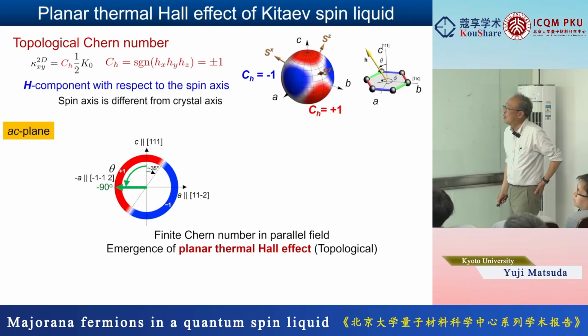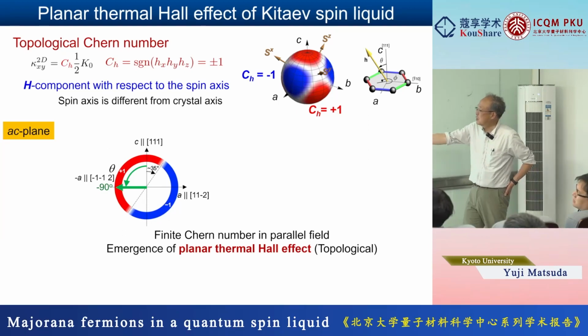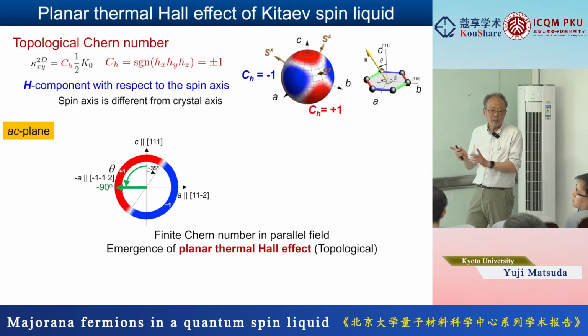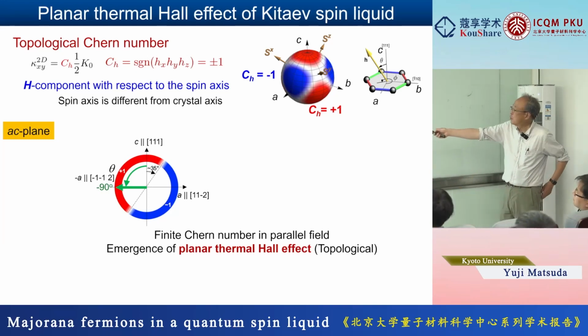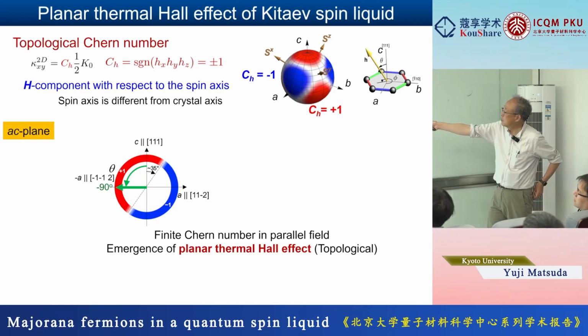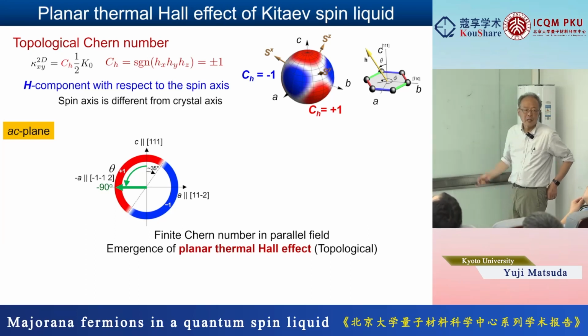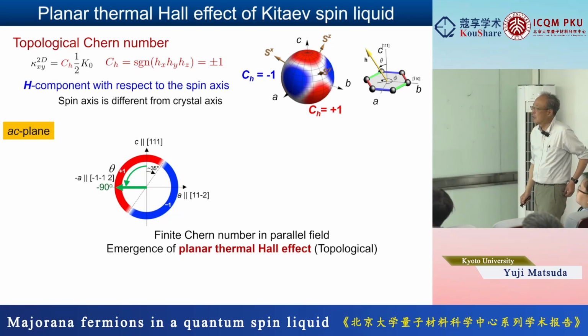I'd like to emphasize this spin axis is determined by spin-orbit interactions, so it is different from the crystal axis. The crystal axes are a, b, and c, and x, y, and z are the spin axes. So different from the crystal axis.